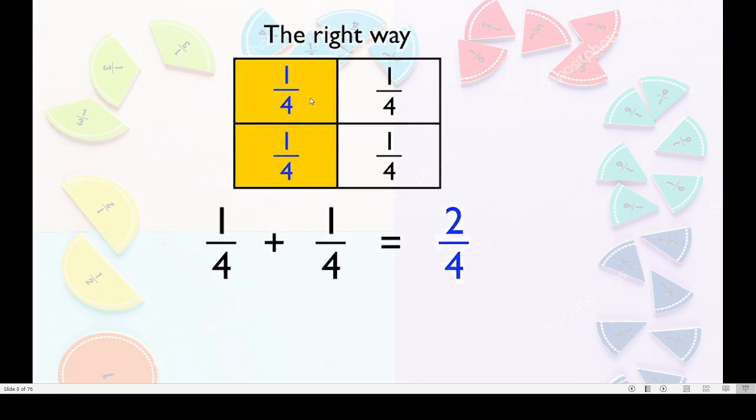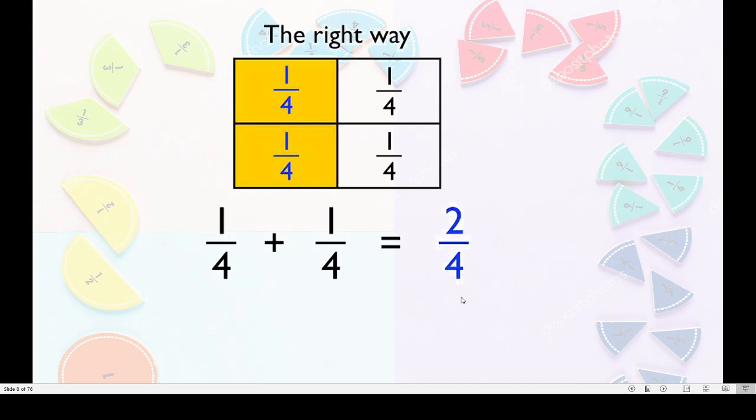Each is a quarter. Correct? This is the first quarter, second quarter, third quarter and fourth quarter. 2 are shaded with yellow color. You know the shaded portion is 1 upon 4 plus 1 upon 4 is equal to 2 upon 4.